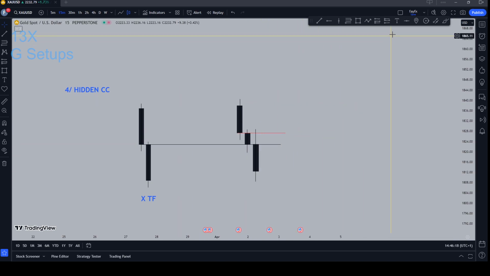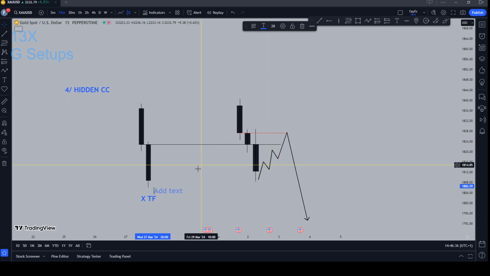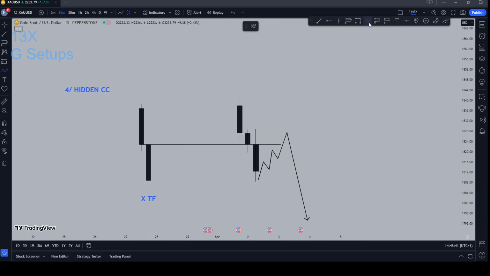So price will come up, ignore that level, go touch the CC and continue the move down. Same thing here. You will see price reacting from nothing here.